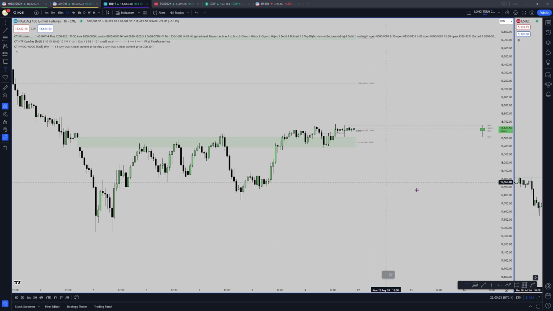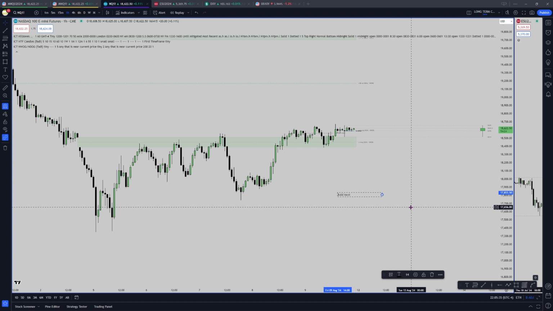Okay, so there's two types of macros. You're gonna have your regular macros, which are gonna be the last 10 minutes to first 10 minutes. And then your second type of macro will be your turtle soup macro.